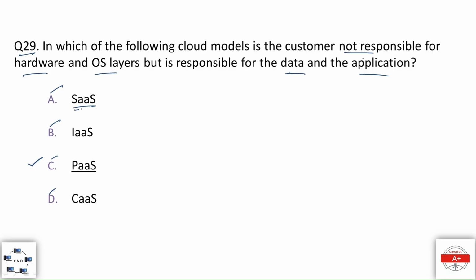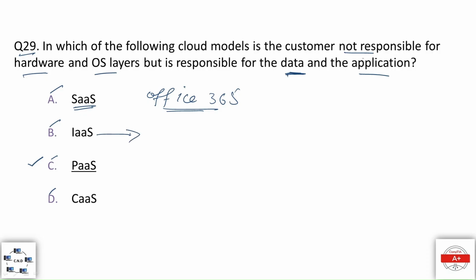So in SaaS, the user is only responsible for data. The application is managed and deployed by the cloud provider, such as Office 365. It is already deployed and available. You should just input the data and care about the data.